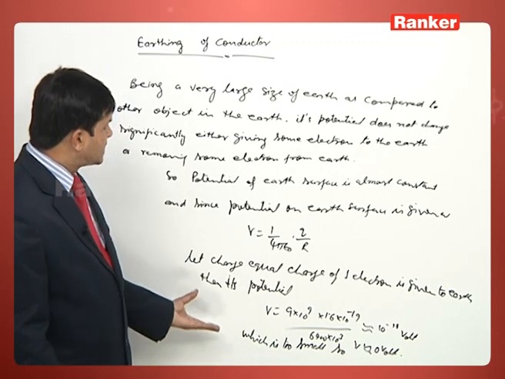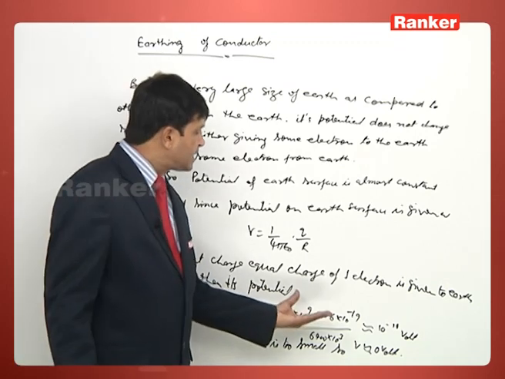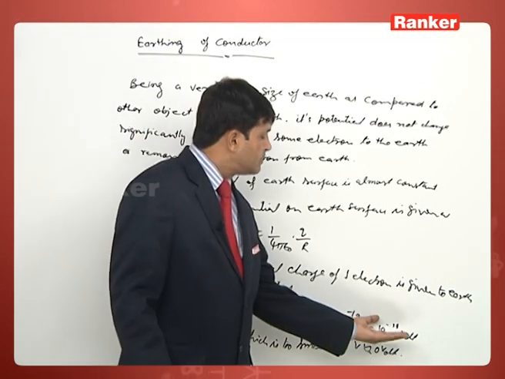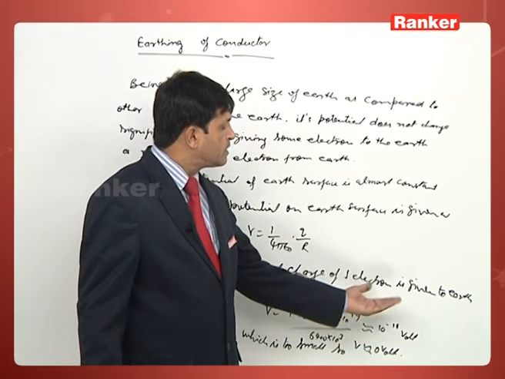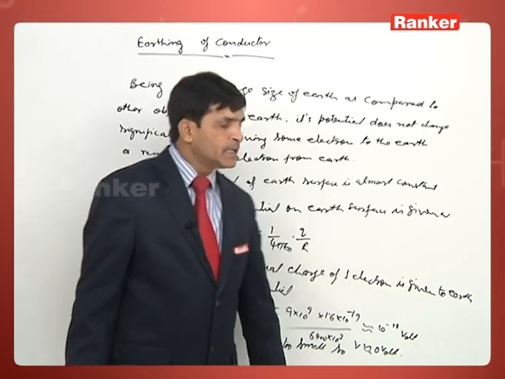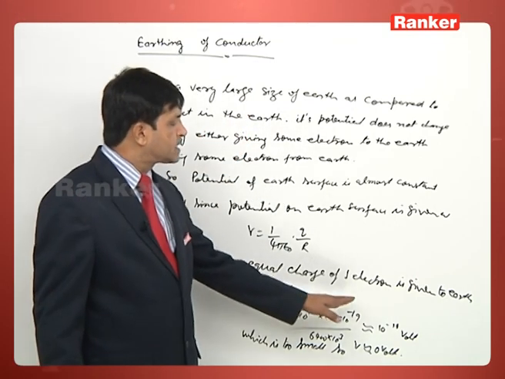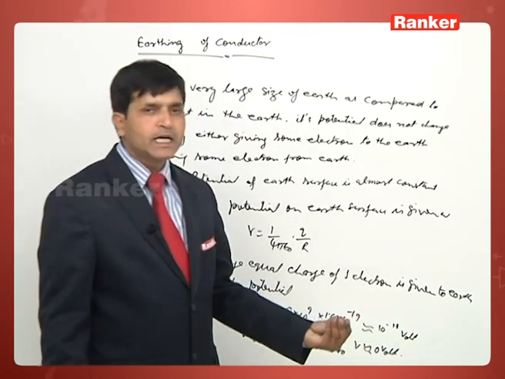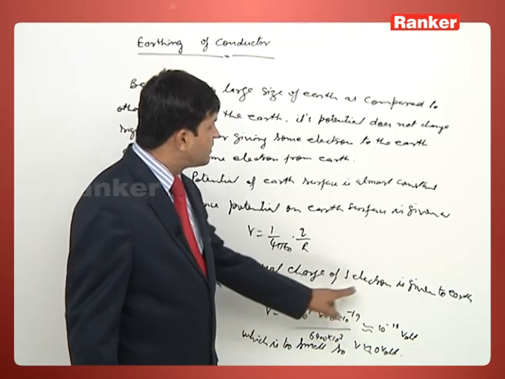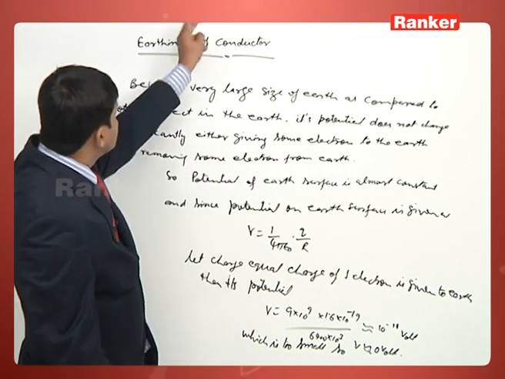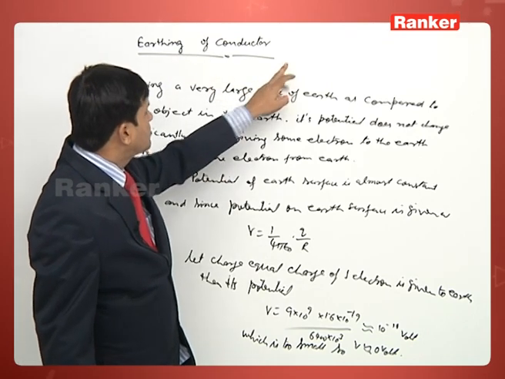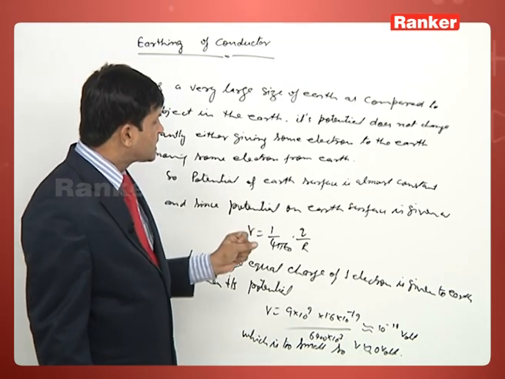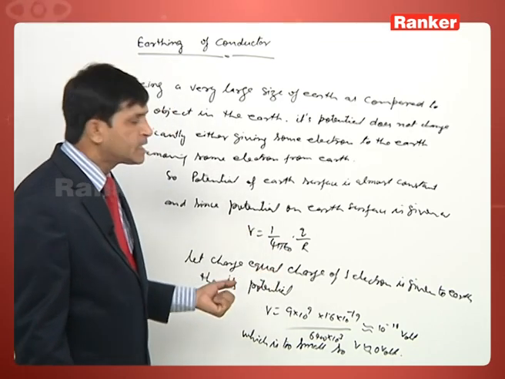So we can say if we are removing or giving 1 electron to the earth, or maybe 2 electrons, maybe 100 electrons, maybe a million electrons, its potential changes very little, and that small change is negligible. So what is the main conclusion from here? The earthing of a conductor means that when we connect a conductor to the earth, we are making its potential 0.